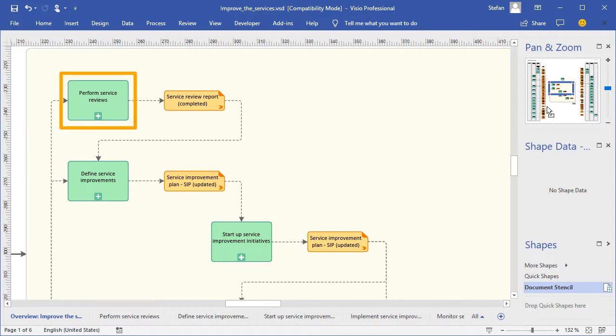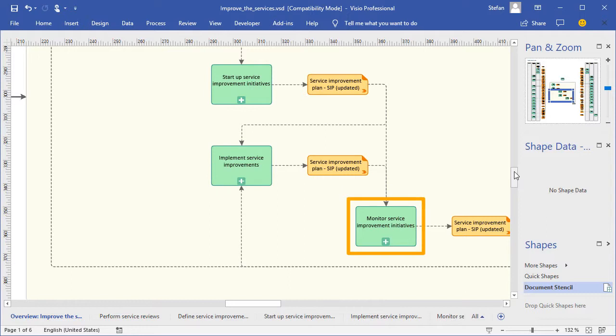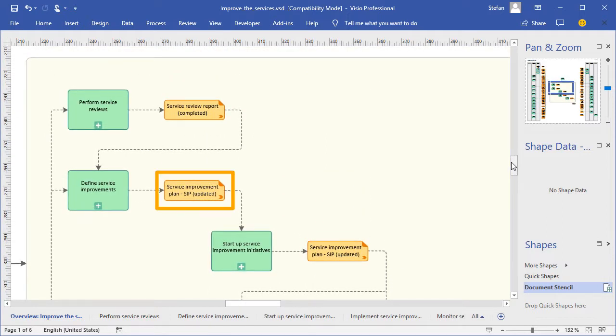It involves performing service reviews, defining service improvements, starting up service improvement initiatives, as well as implementing and monitoring service improvements. In this process, the Service Improvement Plan is an essential document or database where we keep track of all service improvements.